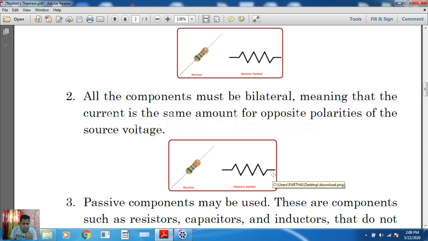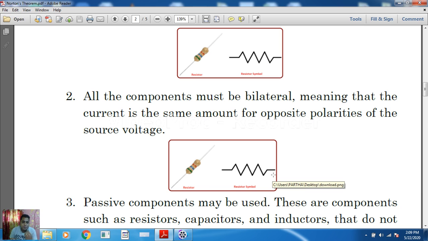In the symbolic representation, if we connect a source on the left hand side, current will flow from left to right. If we connect a source on the right hand side, the current will flow from right to left, provided the connecting side is at higher potential, correct? Otherwise it will flow in the opposite direction. So we have to remember that one.